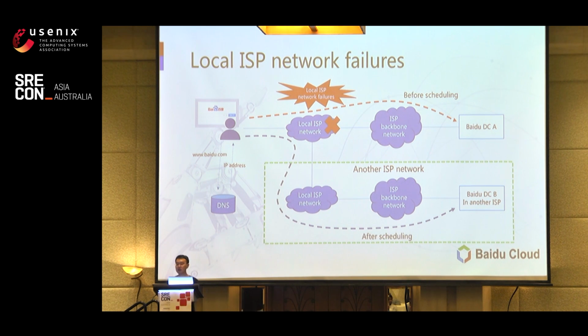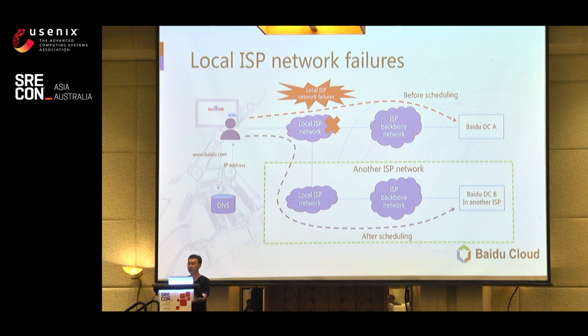Interestingly, we found that these users can access Baidu's data center in other ISPs, such as China Mobile and China Telecom. The reason is that although the connection between the Beijing local ISP and China Unicom's backbone network has failed, the links between different ISPs in this province are still healthy.